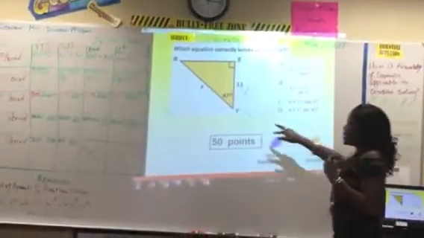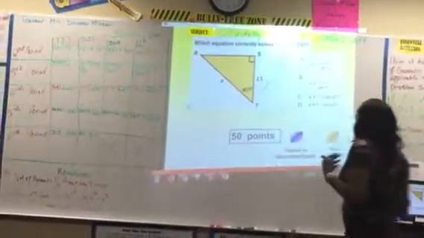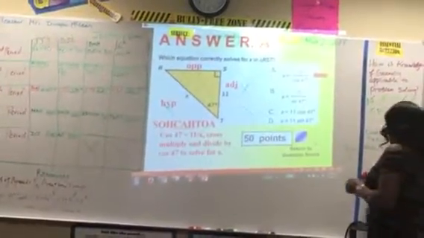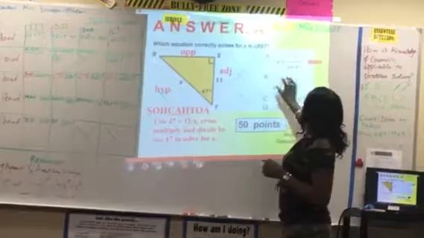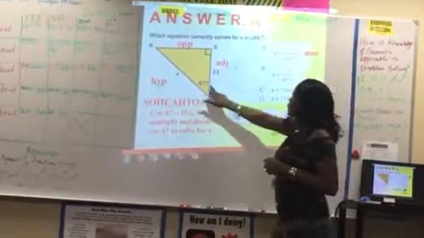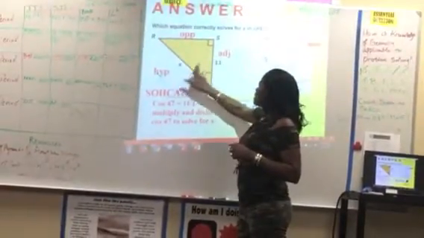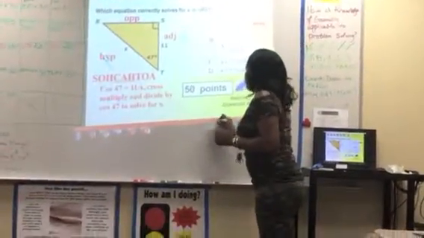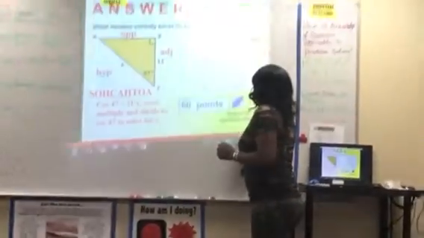So the first thing, did you label your sides with opposite, adjacent, hypotenuse? Yes. Good. So it is cos, but is C correct? No, because of the way it's set up. The cos of the angle is adjacent over hypotenuse, so it's 11 over x. So cos of 47 equals 11 over x.